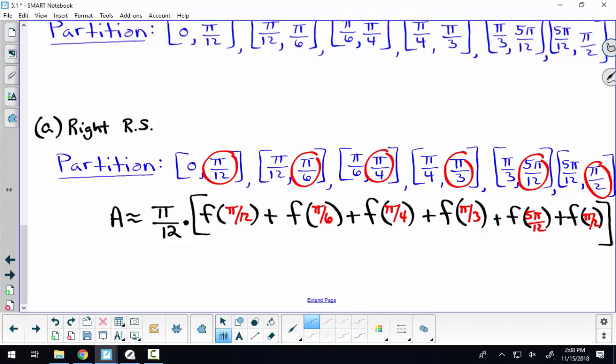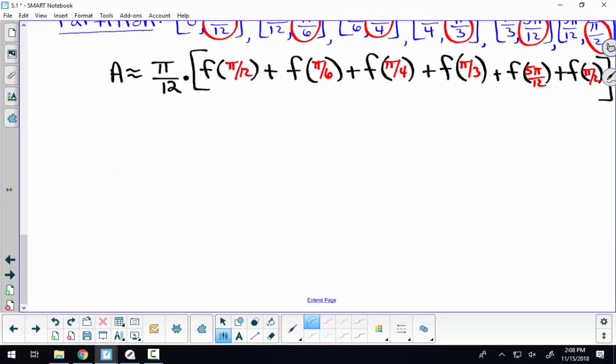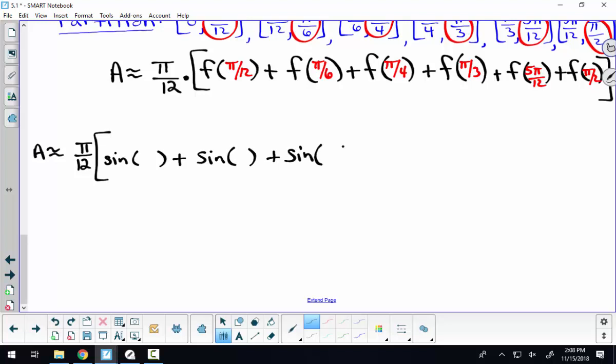So we've got to evaluate sine of pi over 12, pi over 6, pi over 4, pi over 3, etc. to get that area. Again, what we have in brackets is the height of each rectangle.